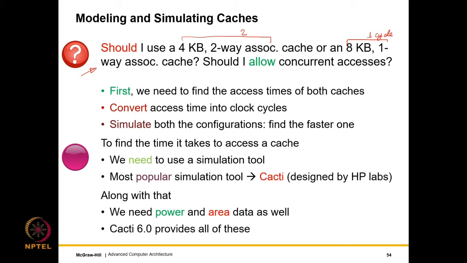But what we definitely do need is, given the design of a cache, to find out how long it takes to access for a read and write, and secondly, what is the average power dissipation, how much energy is required for making a single access.